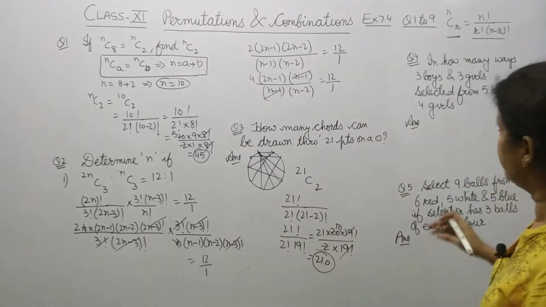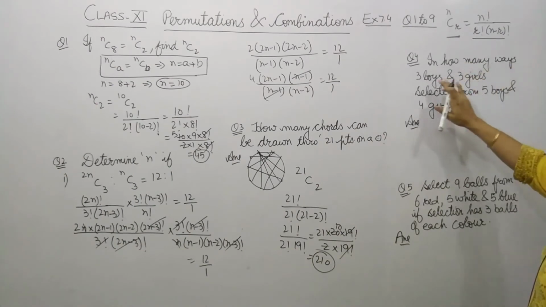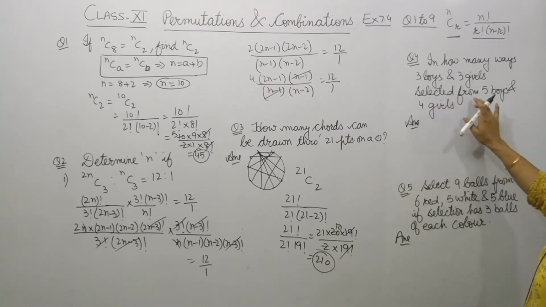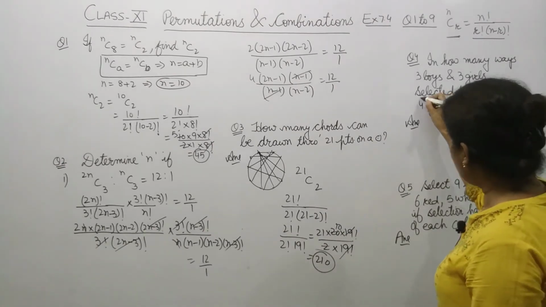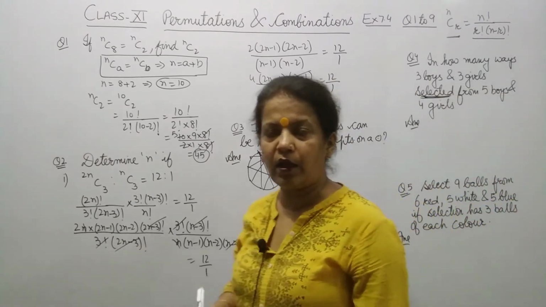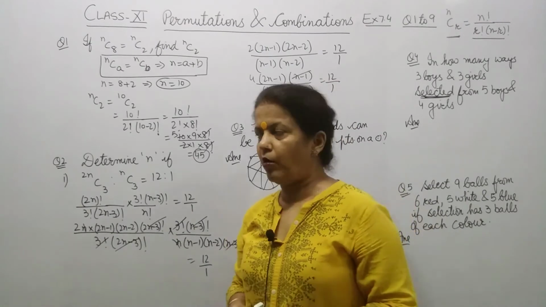Clear? Question fourth: in how many ways can 3 boys and 3 girls be selected from 5 boys and 4 girls? Here selection is written. So where selection is written, we get the idea that this is related to combination.